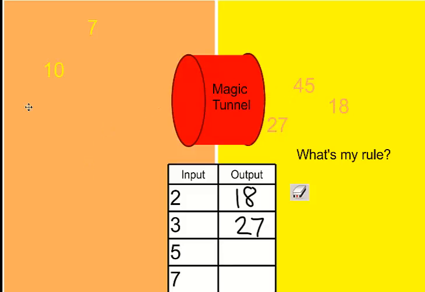If I put 5 through, we get 45. And as I put the 7 through, we get 63. What do you think would happen when I put the 10 through?